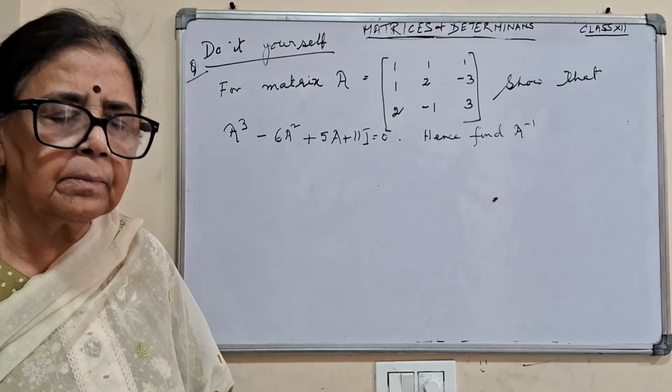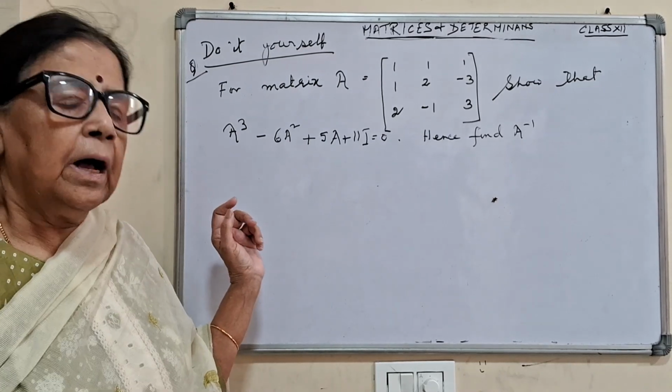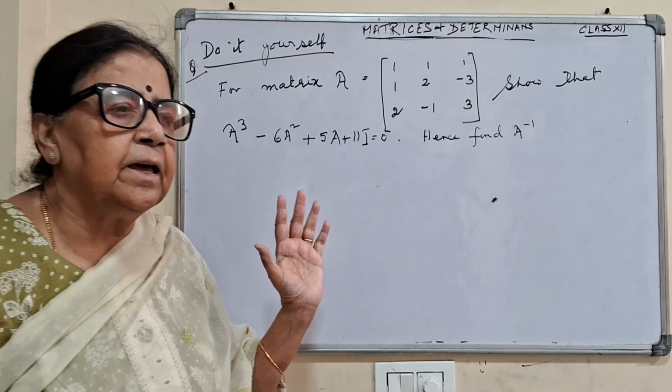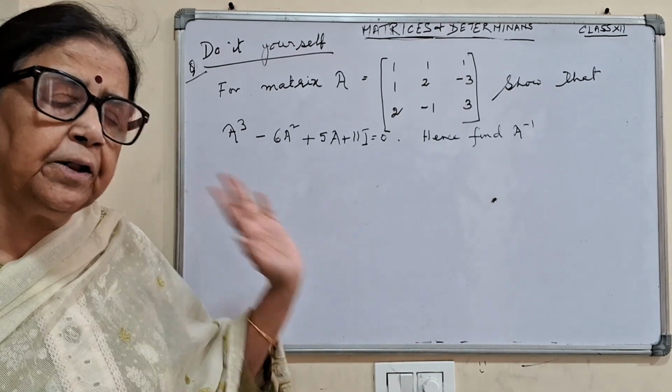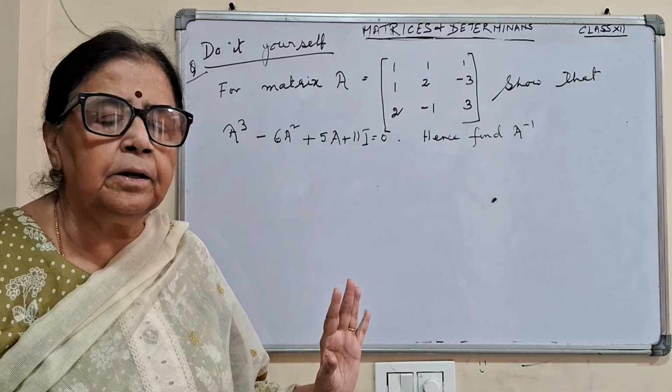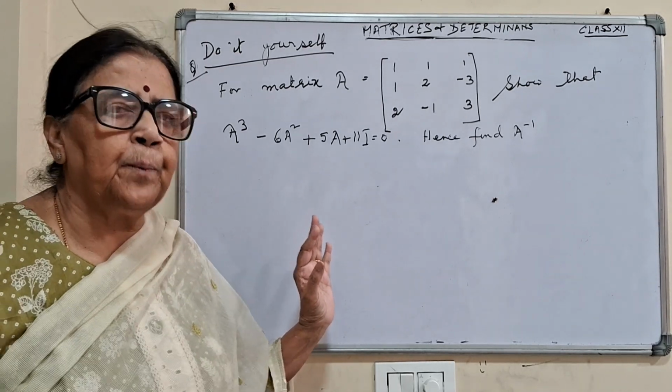Now a sum I'll give you to do it yourself. I know you will say that I did the easy one and am giving you the lengthier one. But this is for your practice.